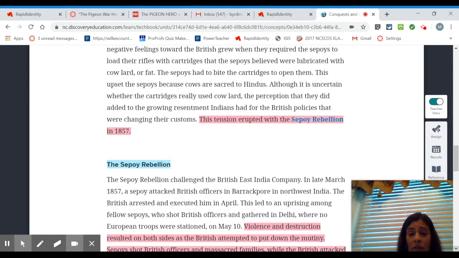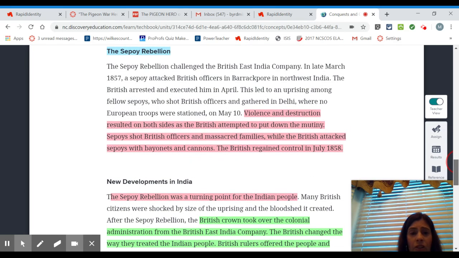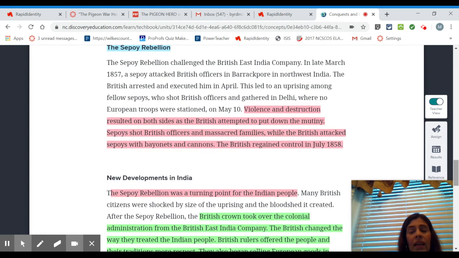And they were unhappy with what was going on with their guns. So there was a rebellion. So essentially, violence and destruction resulted on both sides as the British attempted to put down the mutiny. And eventually, the British regained control in July of 1858.